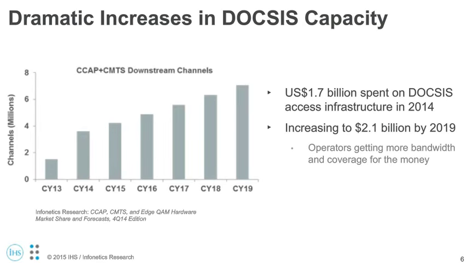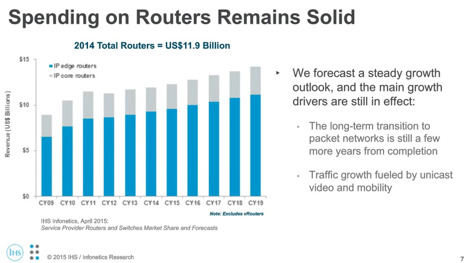And then following along in edge and core networks, the long-term transition to IP and all-packet networks continues, driven largely, as we note here, by the tremendous growth that we continue to see in unicast and over-the-top video, as well as mobility, including those Wi-Fi services I mentioned earlier.